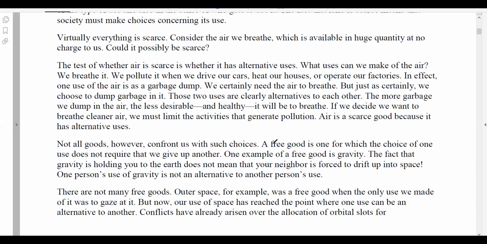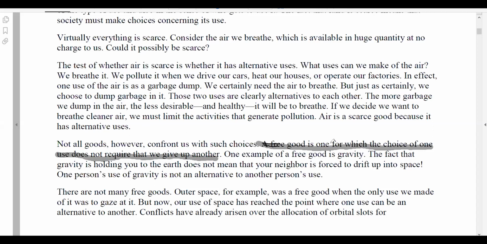Yes. So a free good is one, right? So this is the definition. A free good is one for which the choice of one use does not require that we give up another. It is the opposite of a scarce good.